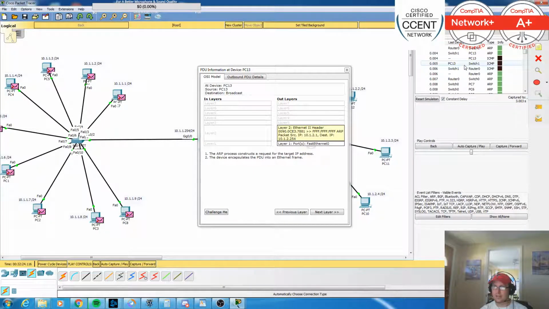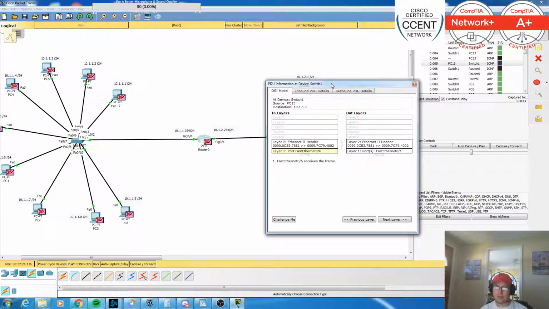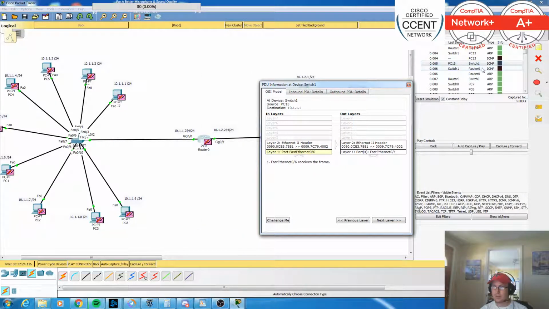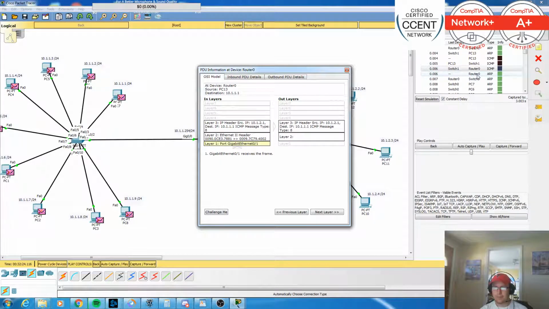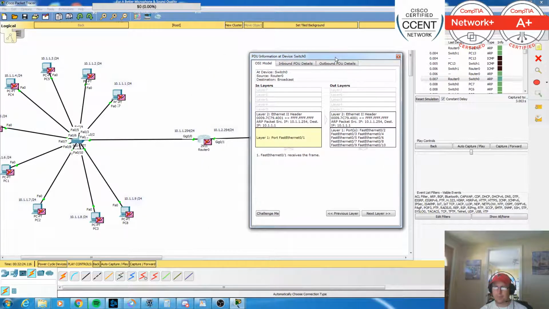And let's see if I can find the bound. I'm looking for the packet when it is bound to the router. And let's see. Okay, here's the router.